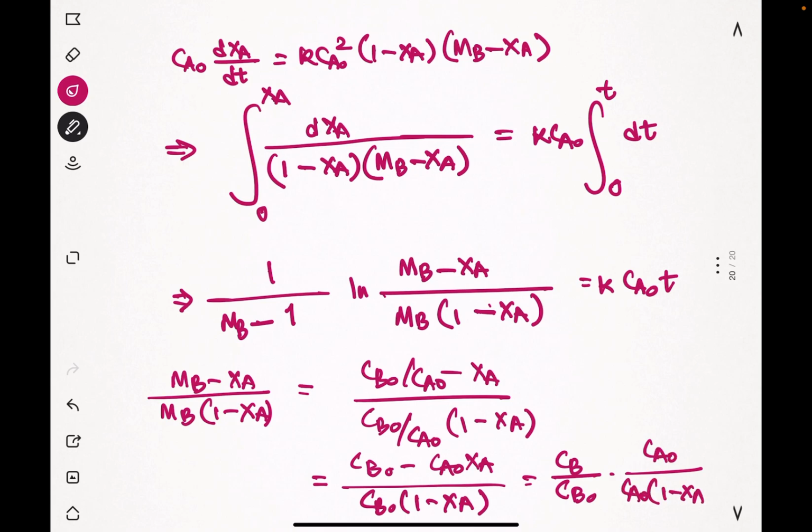So we are just doing some mathematical manipulation here. And so this can be written as CB by CB naught, CA naught by CA. So we actually found several forms of the logarithm term. So the equation can have many forms.